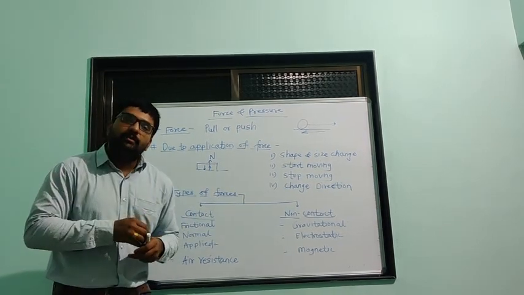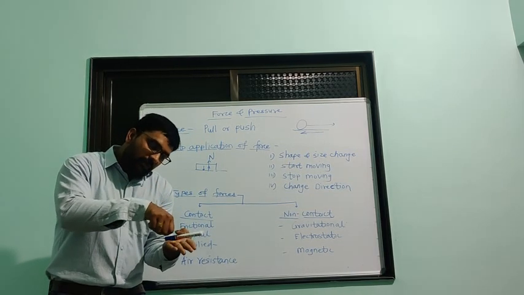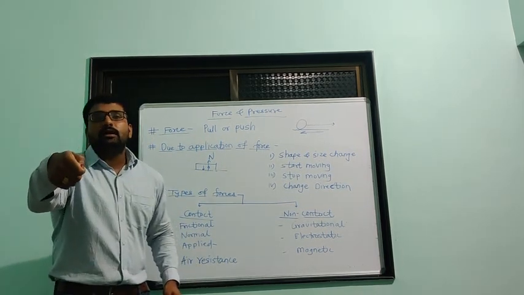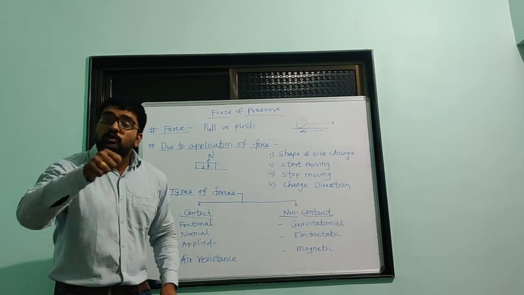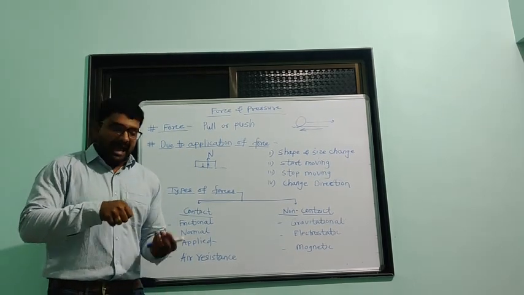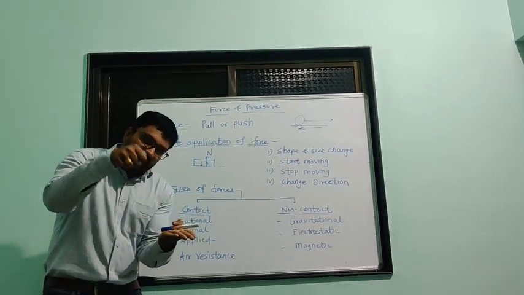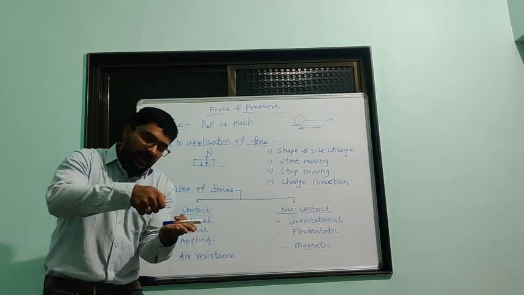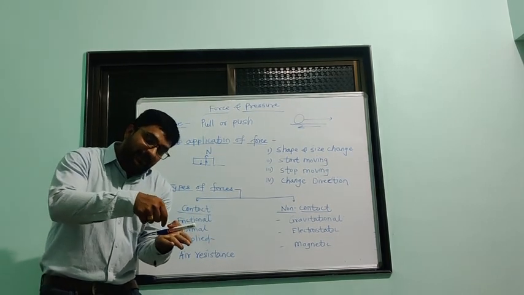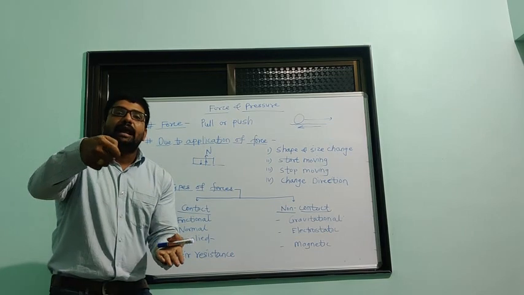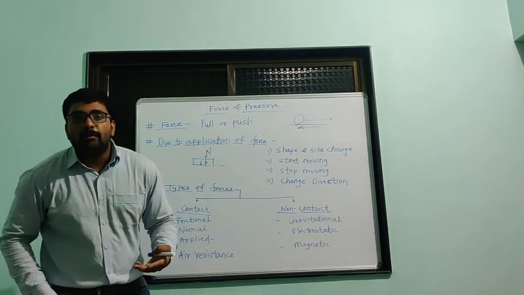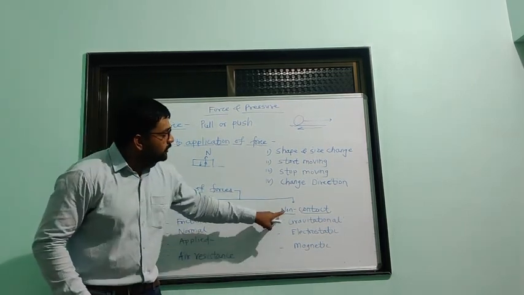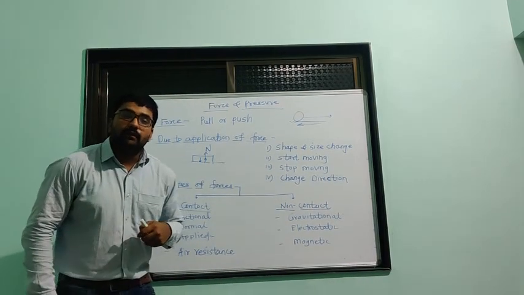So due to that, the piece of paper gets attracted towards the comb. There is no direct contact between the piece of paper and the comb, still the paper gets attracted towards the comb. So this is also one non-contact type of force.